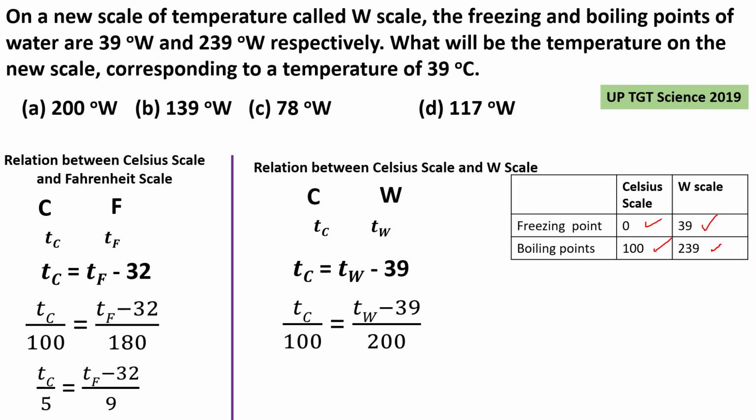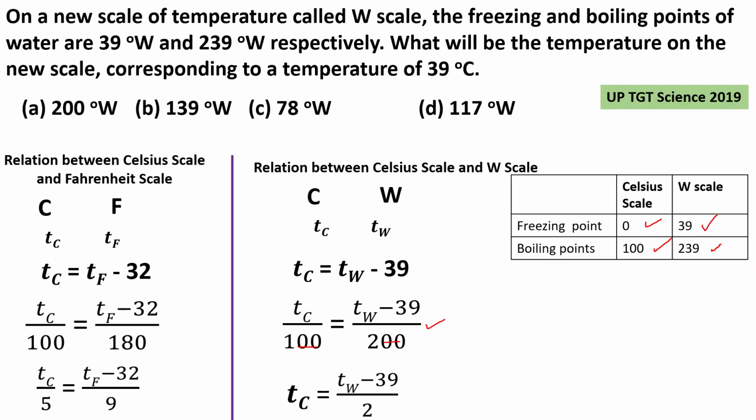Similarly, dividing by 200 for the W scale gives the W scale per degree. Then the equation becomes Tc divided by 100 equal to Tw minus 39 divided by 200. From this equation, Tc equal to Tw minus 39 divided by 2.